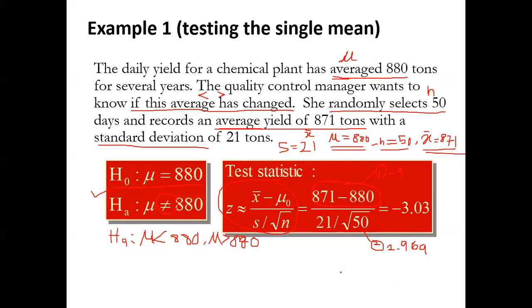Okay, then the final step, the third step, you are going to divide the value of negative 9 by the value of step 2, that is 2.969.